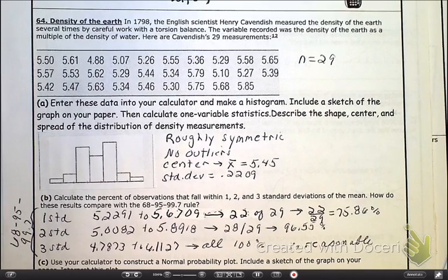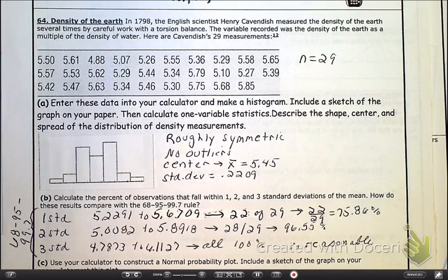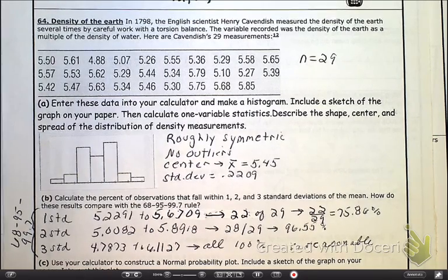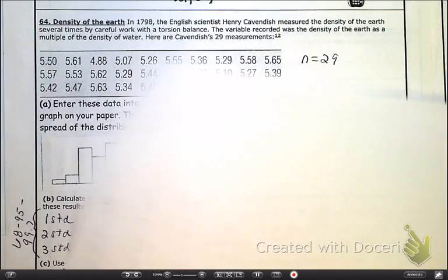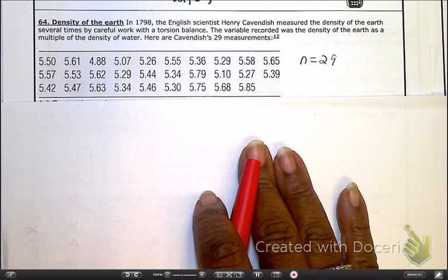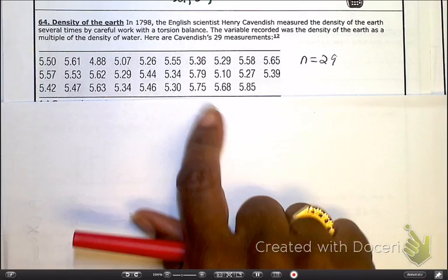Now, turn to page 13 of your notes, because honestly, I screwed up in the order of this when I set this up, but it is what it is. Okay, so here we're talking about the density of the Earth that was determined by Henry Cavendish. And here are the measurements. He did 29 measurements.